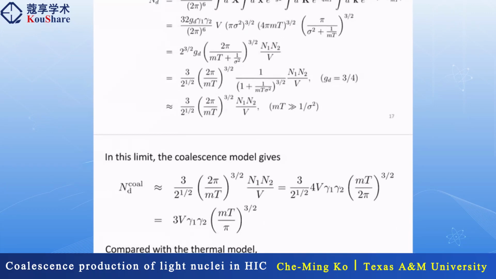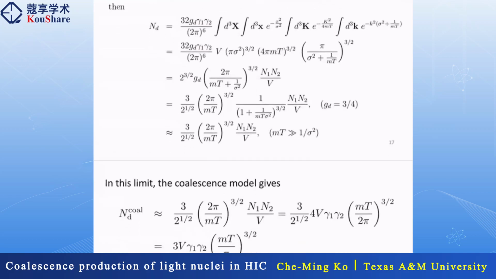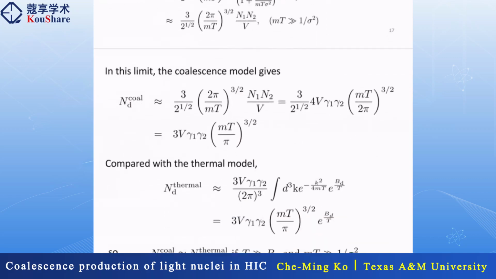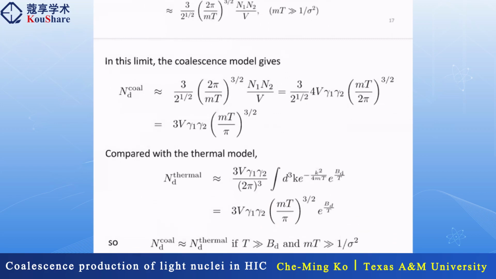So once I have these numbers, I can replace N1 and N2 in terms of the fugacities of the protons and neutrons. I know the proton number and neutron number, and once I know the volume, I know the fugacities, so I can express it in terms of fugacities. I rewrite it in these formulas and also compare with the thermal model.